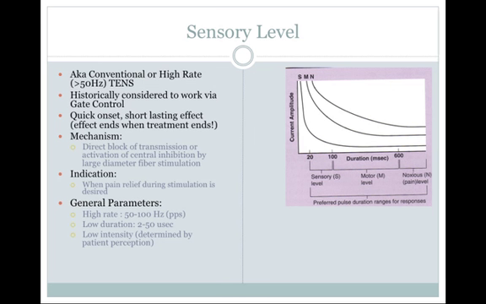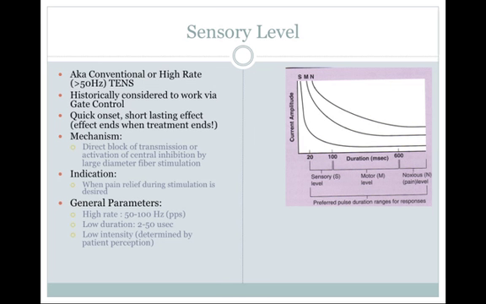Okay, so the general parameters as listed there: usually at that high rate, like I said, towards the higher end, around 100 hertz, or pulses per second, for the frequency. Low duration, in that 2 to 50 range, and usually closer to 50, maybe 40 to 50 microseconds.